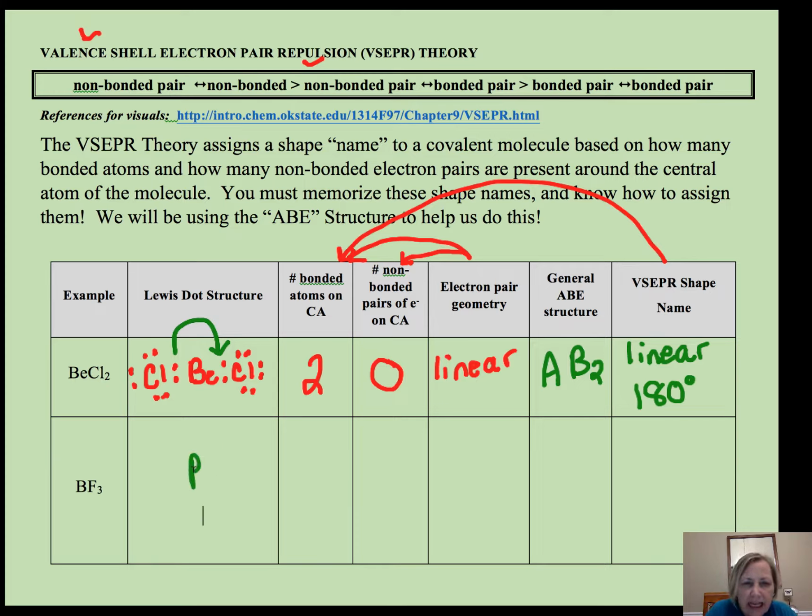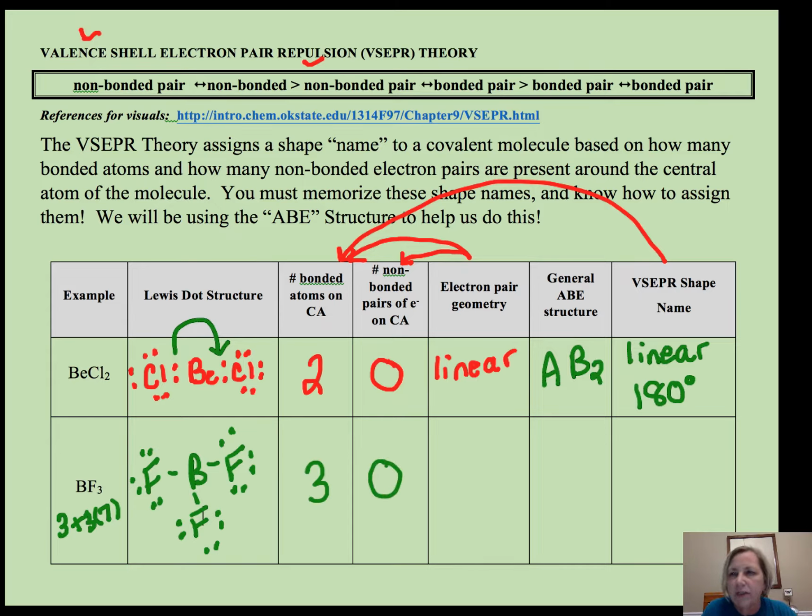Let's look at BF3. Again, I'm going to do the Lewis dot very quickly. 3 plus 3 times 7. I'm going to distribute those around the boron, keeping in mind that boron is an exception to the octet rule. Okay, so I've got 3 bonded atoms and no non-bonded pairs.